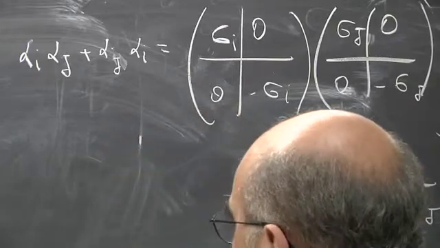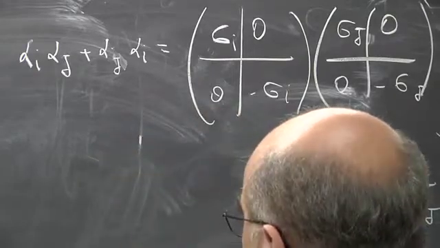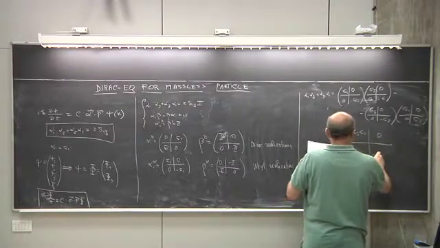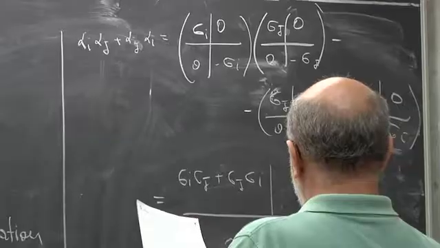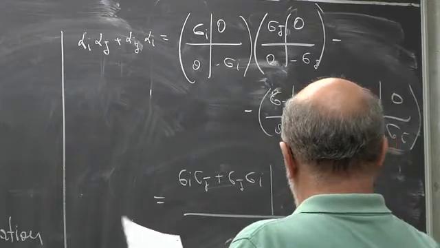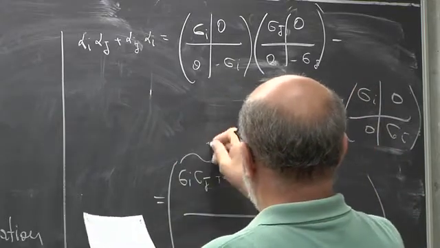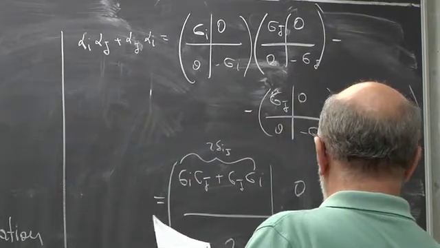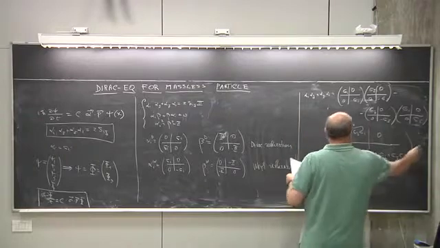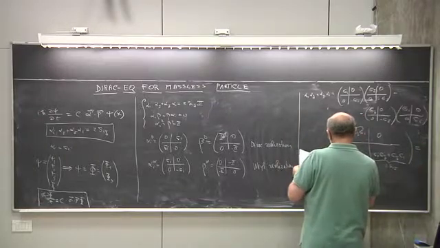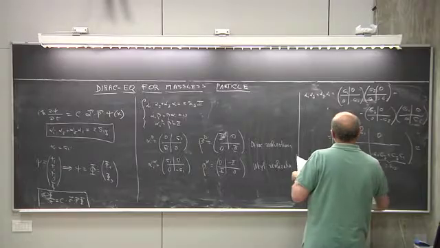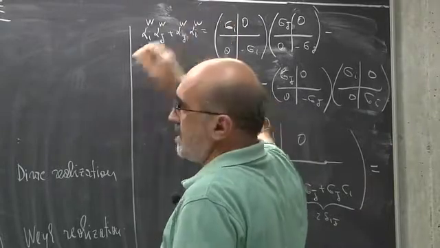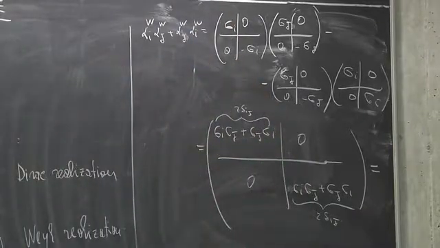And if you do it, you get sigma i sigma j plus sigma j sigma i, 0, 0, sigma i sigma j plus sigma j sigma i. And this is nothing else than 2 delta ij, and this is 2 delta ij. And so this is nothing else than 2 delta ij times the identity. So the Weyl realization of the alpha satisfies this relation, and it's easy to see that it satisfies also the other.